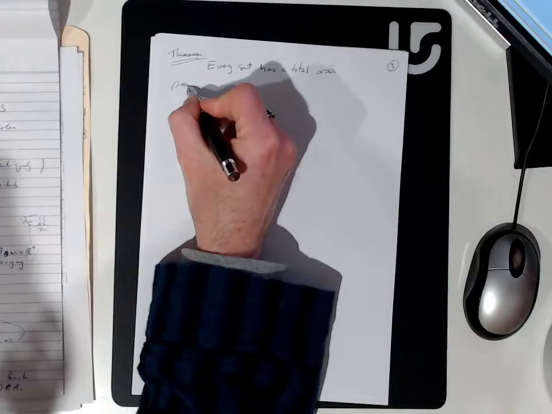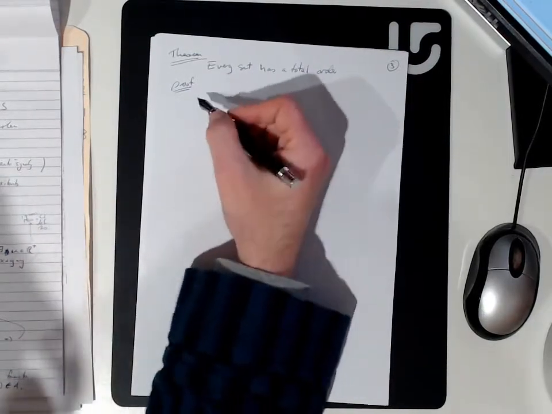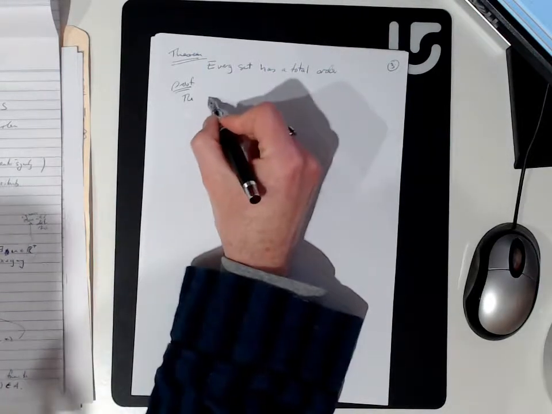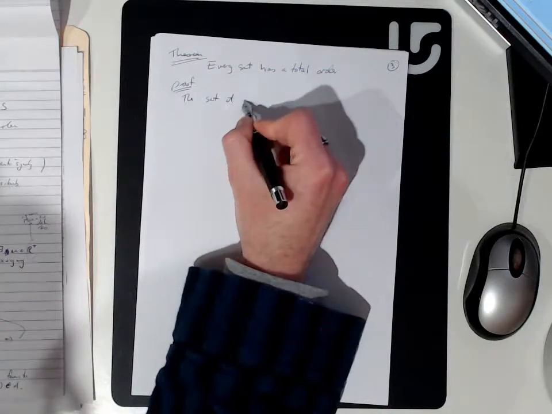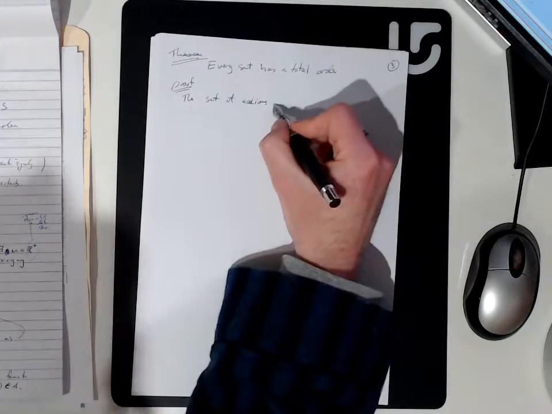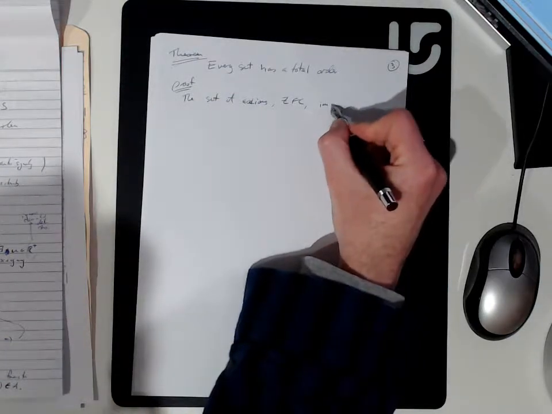Proof: I'm going to hand wave really on this. I'm going to say the set of axioms ZFC imply this.